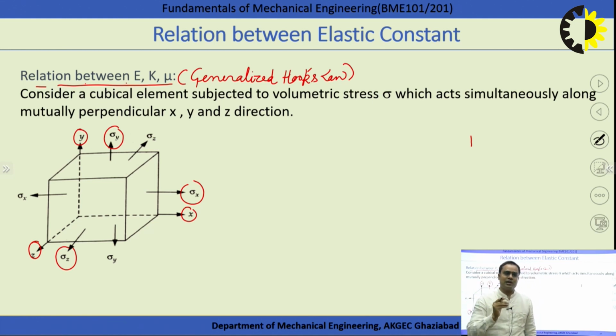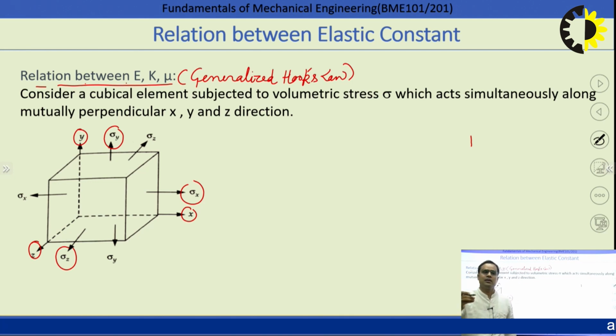In the previous class we also discussed volumetric stress. If the stress acting in all three directions is the same, that stress is called volumetric stress. But if the stress or load acting in all three directions is different, it is called triaxial state of stress. So this figure represents the triaxial state of stress.